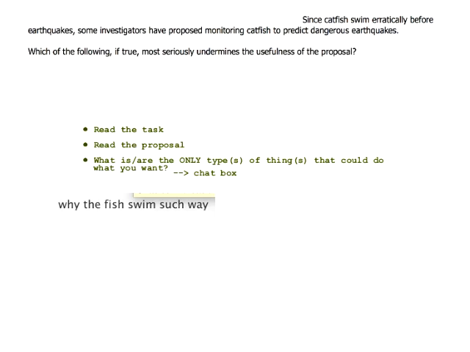If they swim that way because something inside them is affected by tremors, that's also fine. We don't care. Could be voodoo, could be science. As long as the correlation works, we don't care why it works. Because at the end of the day, all that matters is whether we can predict earthquakes or not.